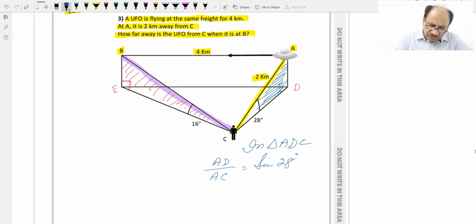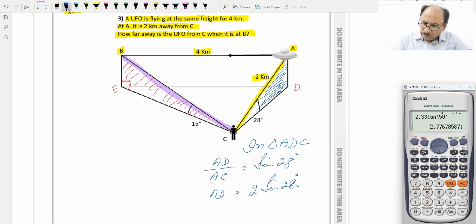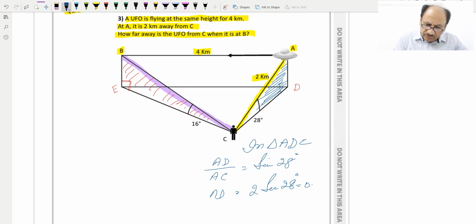So AD will be equal to AC, which is 2, so 2 sine 28 degrees, and this is equal to 0.9389. So we can write 0.94, and this is in kilometers because measurements are in kilometers.